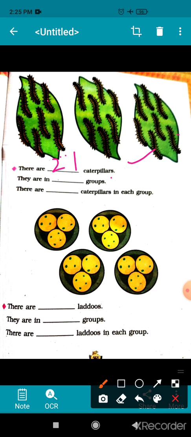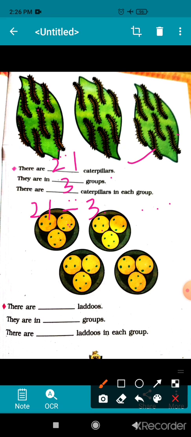Here you can see how many leaves are there. 3 leaves means there are 3 groups. How many caterpillars are there in each group without counting? How can you get it? What will you do? Total number of caterpillars divided into 3 groups. Now this time you will read the table of 3.